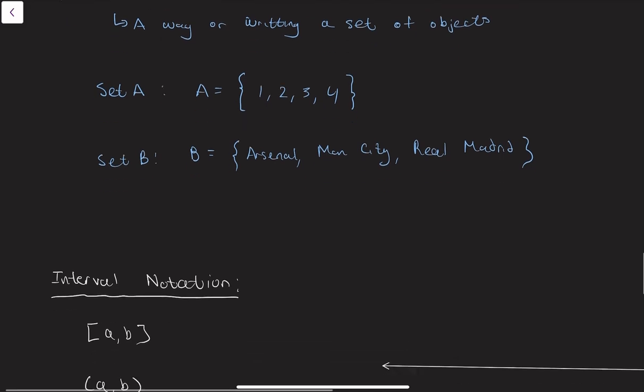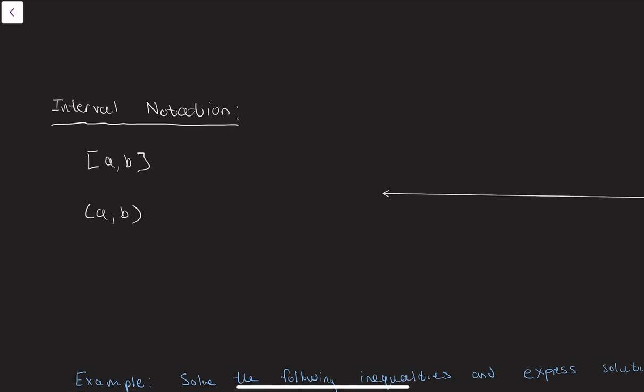The next type of notation I like to write is interval notation. Interval notation is the way to describe continuous sets of numbers.